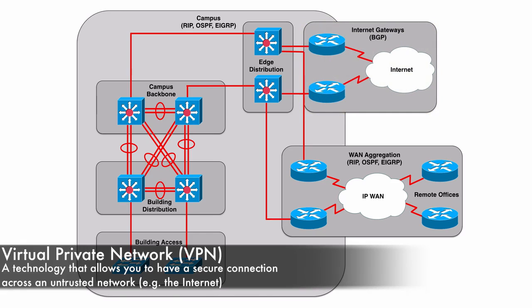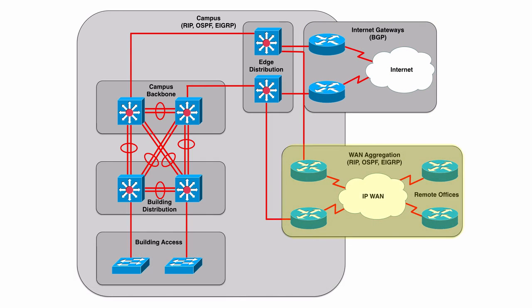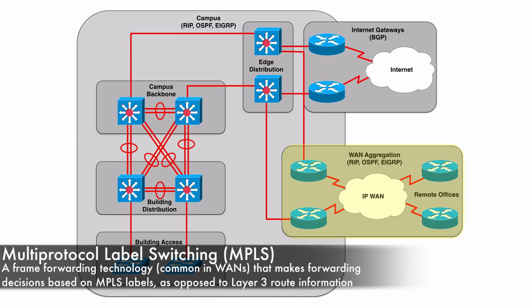However, we might have some other IP WAN technology that gets us from our main office out to remote offices. Some of the classic technologies that we've seen in the past in the WAN aggregation layer include things like Frame Relay, ATM. However, in modern networks, it's more likely to be something like MPLS, Multiprotocol Label Switching.